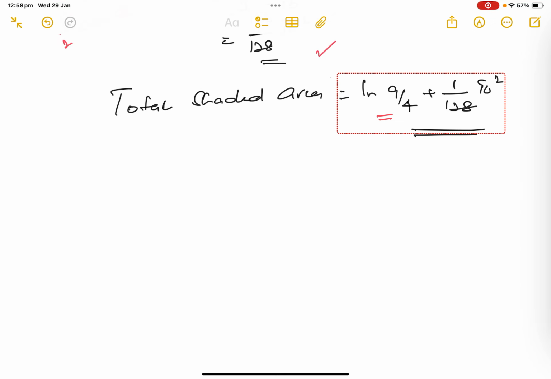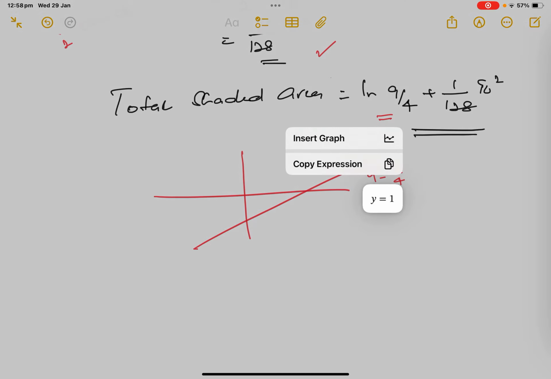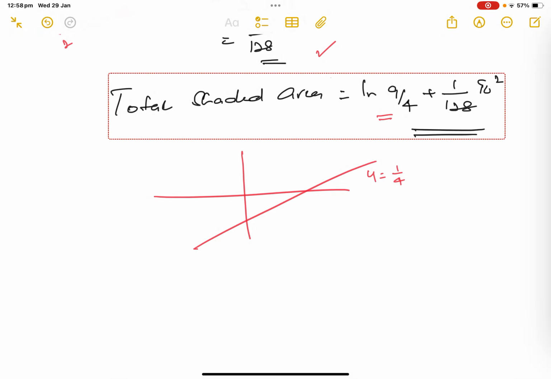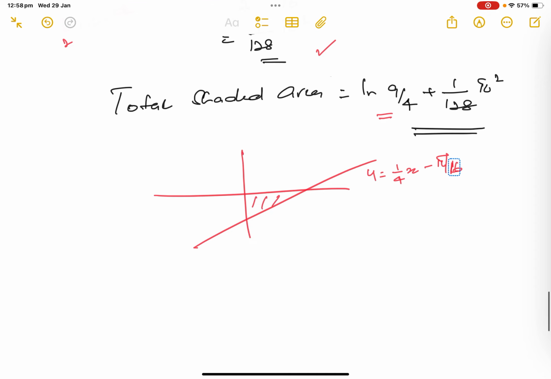So if you want to do it, this line is what we found. The gradient of the line we found is quarter, so quarter x. It cuts the y-axis at minus pi by 16, so it's minus pi by 16. That's the equation of the line. Then it's just simple integration. You can do it.